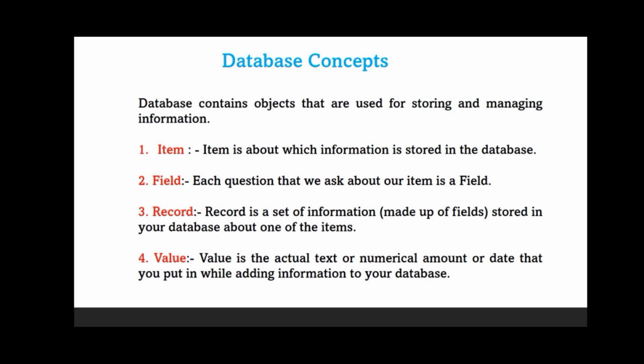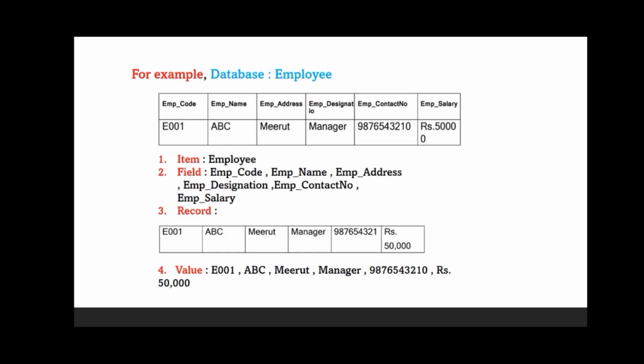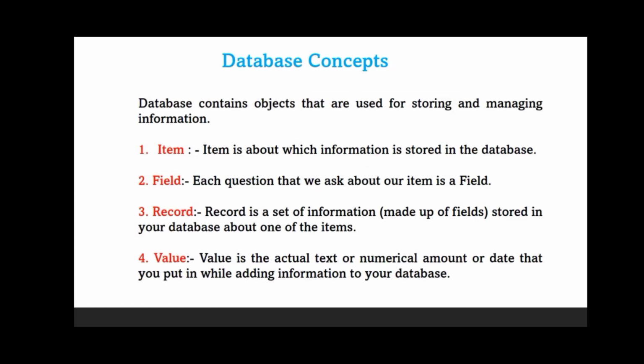A record is a set of information stored in your database about one item, made up of fields. Clear? Then value. Value is the actual text, numerical amount or date which you put in while adding information to your database. So these are the important terms: item, field, record and value.